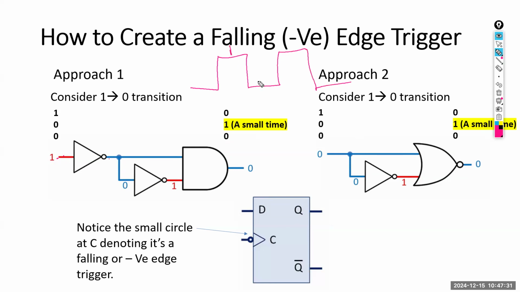Going from 1 to 0. Now when it is 1, this is 1. When this is 1, this is 0. 1 becomes 0. 1 or 0 is 1.